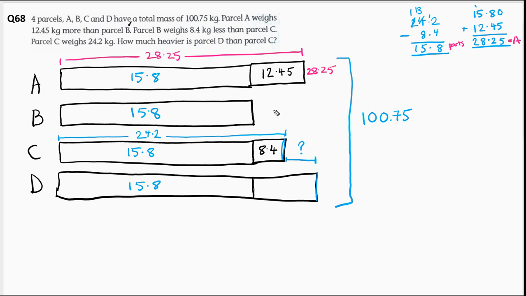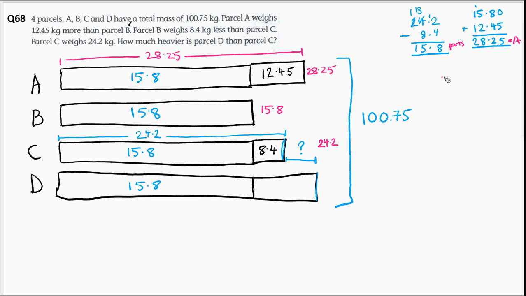I know that parcel B is 15.8, and I know that parcel C is 24.2. Now, if I add all of those up and then subtract them from this, then I will be able to get a value for parcel D. Okay, so let's do that then.